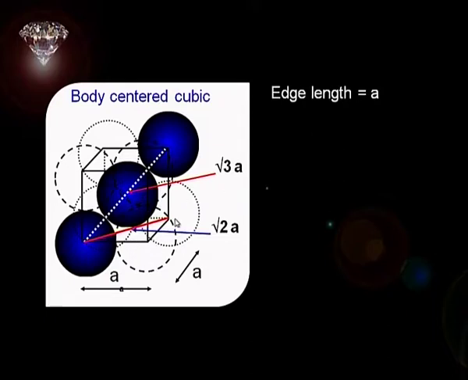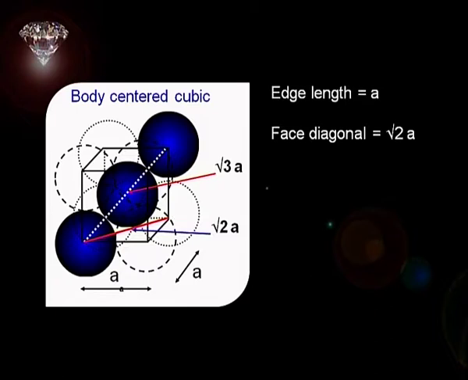This is my edge length A, and if I work out the face diagonal of the bottom face, this edge is A, this is A, so if you work out the diagonal, it comes out to be root 2A, simple Pythagoras theorem.